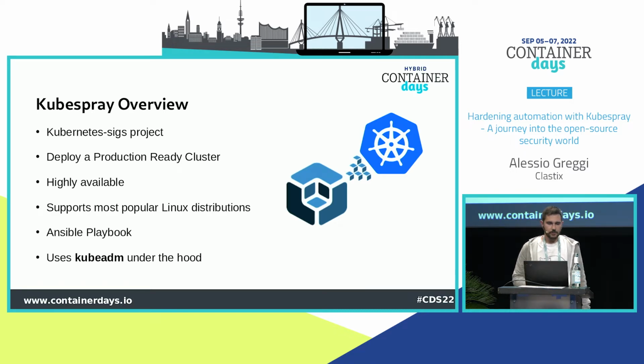Well, it aims to deploy a production-ready cluster. This cluster is going to be battle-tested and also really supported. It supports high availability, which for our customers is really important. And it also supports the most popular Linux distributions. Having this feature, we avoided any kind of integration issues with our customers.